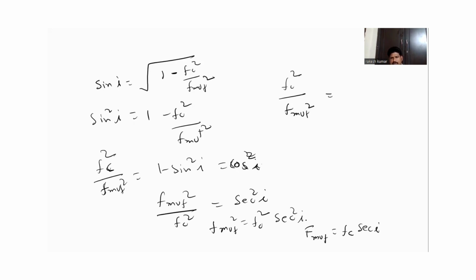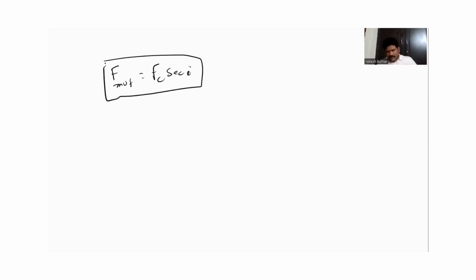So very, very important relation. This gives the relationship between maximum usable frequency and critical frequency. Therefore, f0 is equal to critical frequency fc into secant i.